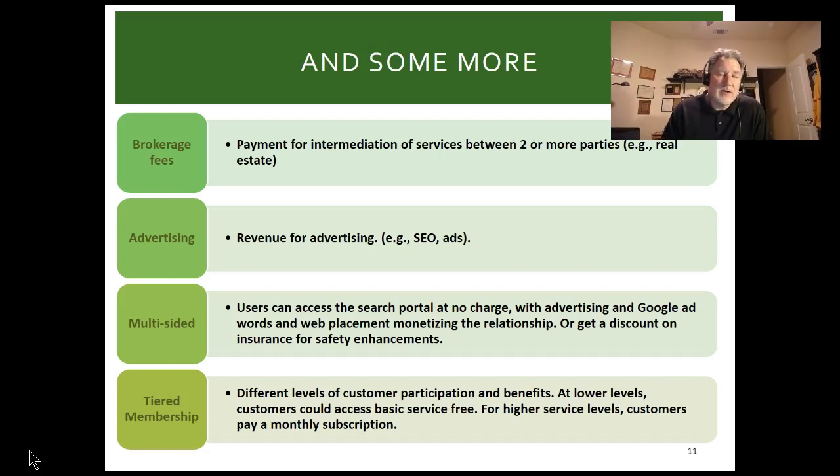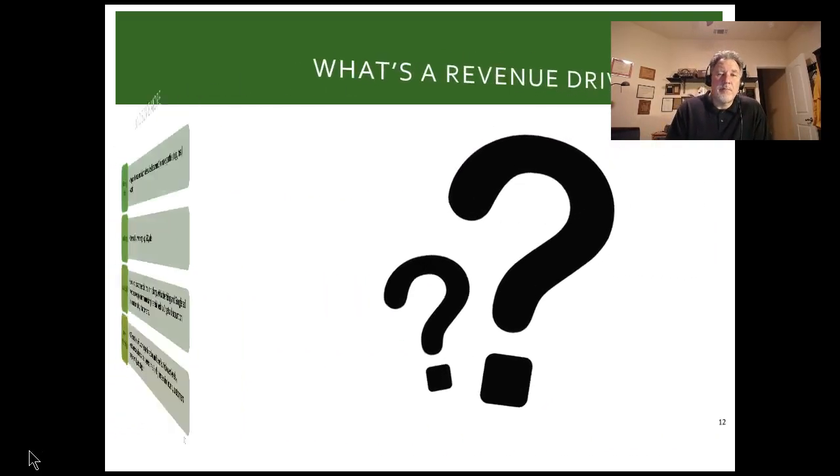Multi-sided is when we get two sides of a revenue model where we have a free side or freemium, but we have some paying, who's paying for ads or paying for data. And then tiered membership, which is like in LinkedIn, where you may have free, but then you can expand out to more services, more capabilities on a monthly subscription. LinkedIn is a very good example.